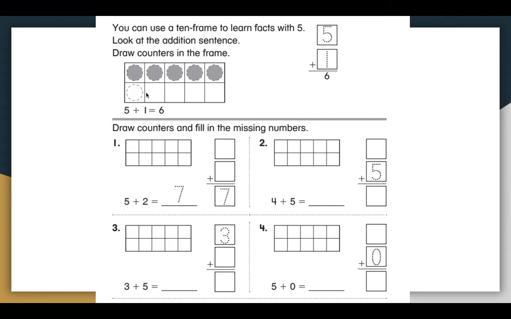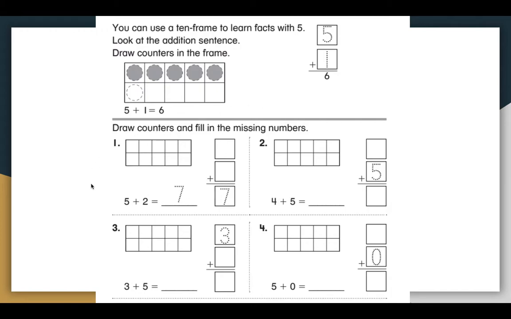We put an extra 1 on there for the 1 here in the equation, and we can see that 5 plus 1 equals 6. We know that we can write it horizontally like this, or we can write it vertically, 5 plus 1 equals 6. And that's fine to do either one. Today I want you to practice writing both.